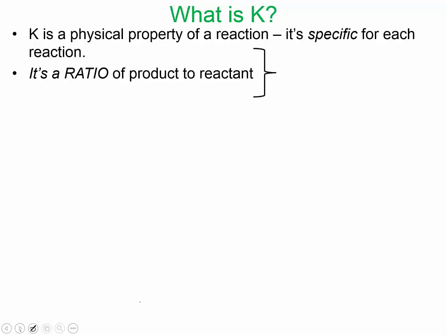And so this is the equilibrium expression. We write it like this, and the general form would be like this, y reactant makes x product. And so you take the concentration to the power of whatever the coefficient was.